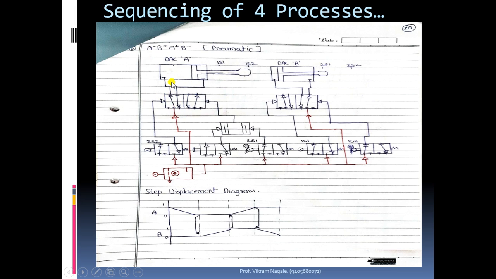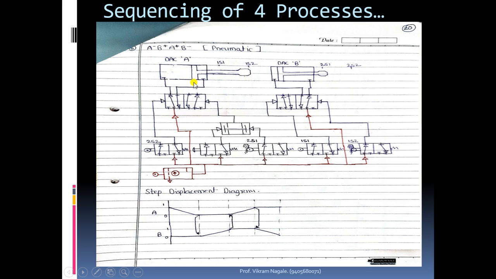So whenever we are connecting this cylinder with this 5x2 valve, we have to check how many ports are there for the cylinder. If there is a single port and a spring here, that means it's a single acting cylinder. In that case we have to consider a 3x2 valve or 2x2 valve.